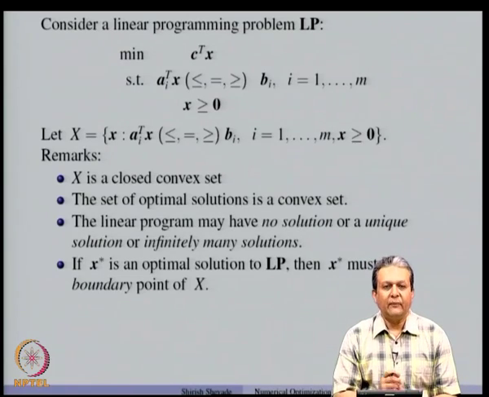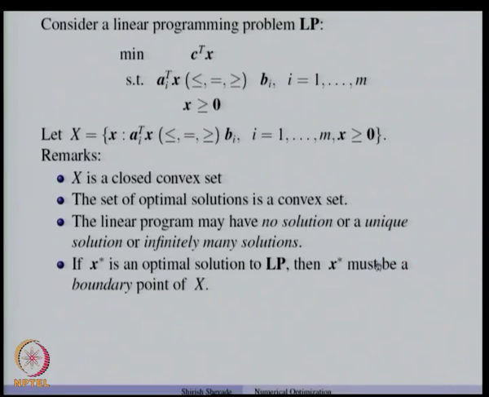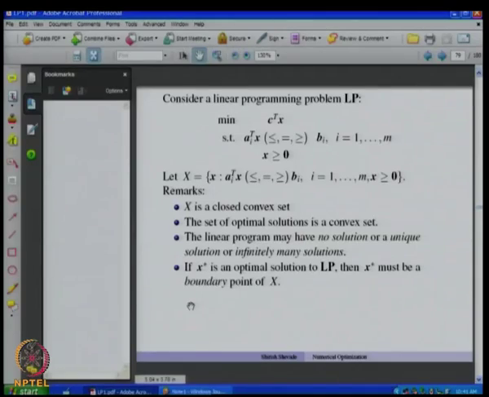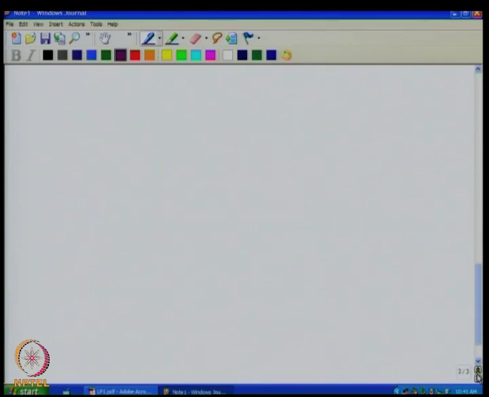Now, we also note that if X star is an optimal solution to LP, then X star must be a boundary point of X, which means that X star cannot be an optimal solution to LP and lie in the interior of the set. Now, let us quickly see why this is not possible.